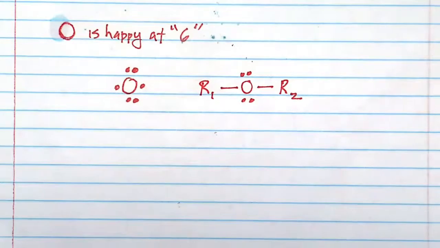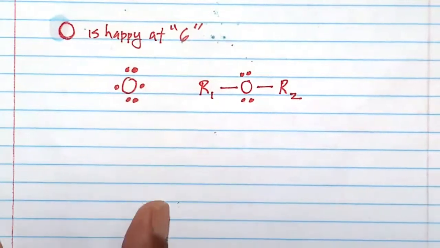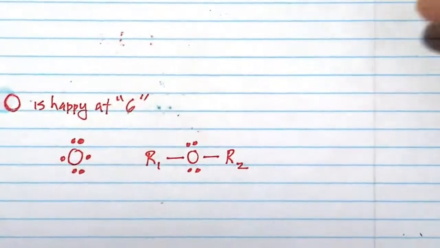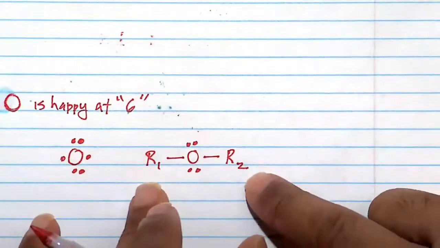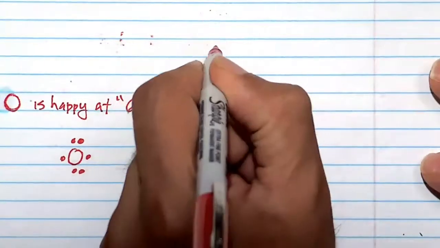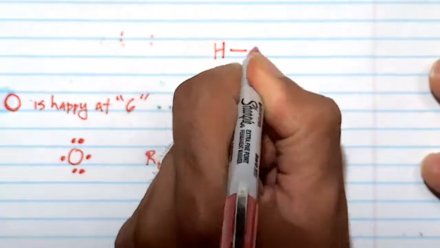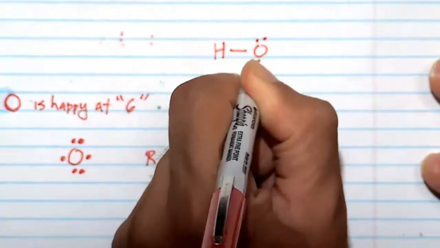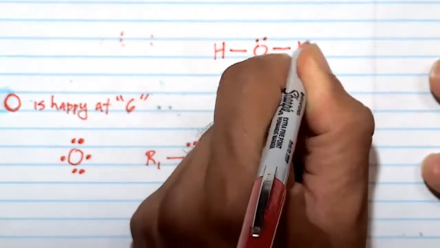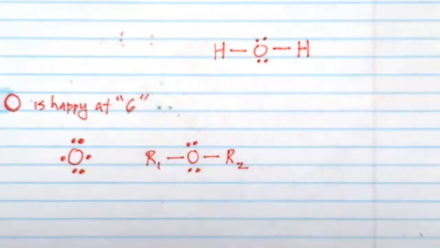Let's do some concrete examples here. The most famous concrete example, at least in my estimation, has to do with substituting the R groups here with hydrogens. If you substitute it with hydrogens, you're going to get the classic molecule of water. Water is not a linear molecule. It actually has a 3-dimensional structure known as bent. It turns out that 2 lone pairs bend the molecule.